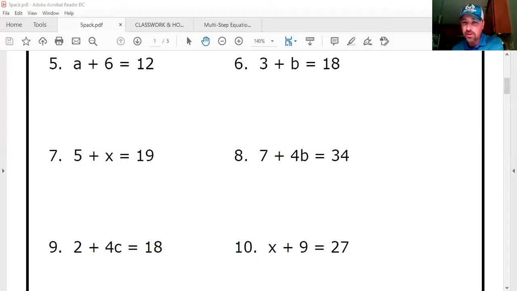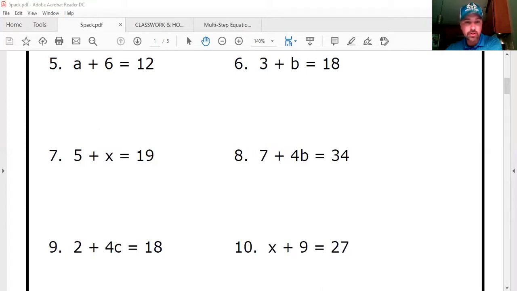Now, if you're going to check that, it's going to be a little tougher. You may want to make it into a decimal, which I know 6 3/4 is the same as 6.75. And so if you want to run this through your calculator, 4 times 6.75 plus 7 should equal 34.